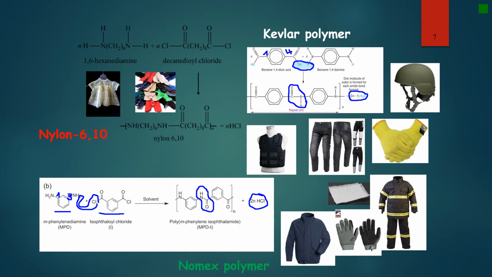The main uses of Kevlar polymer are in the textile industries also, but we have it used in making helmets for the military, for soldiers. Kevlar polymer can also be used to make bulletproof vests.